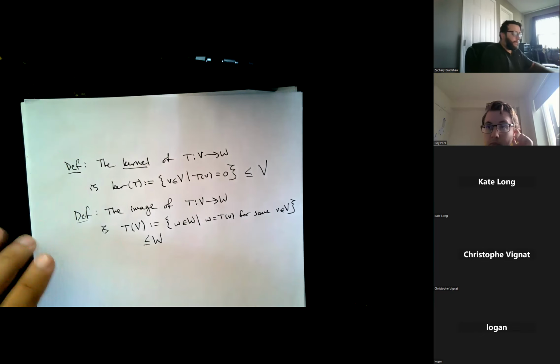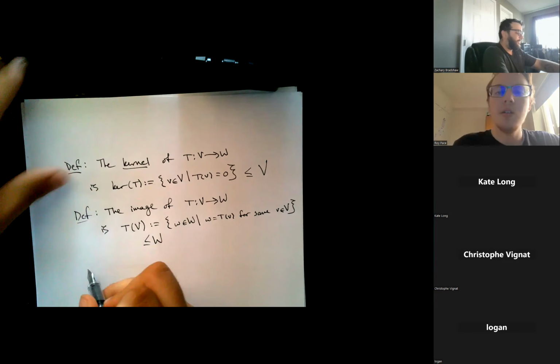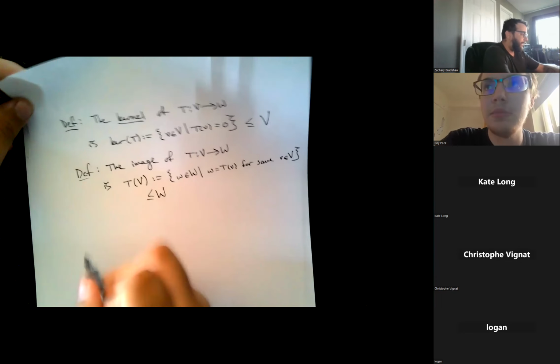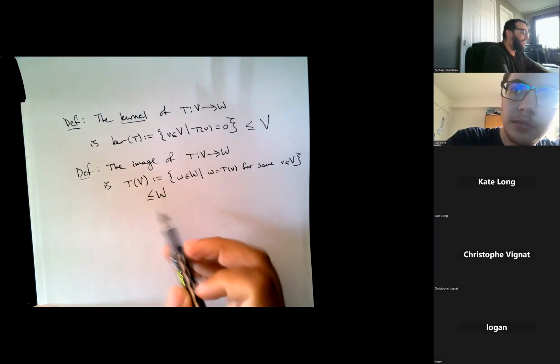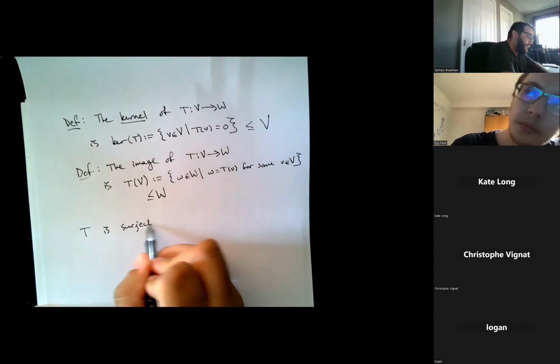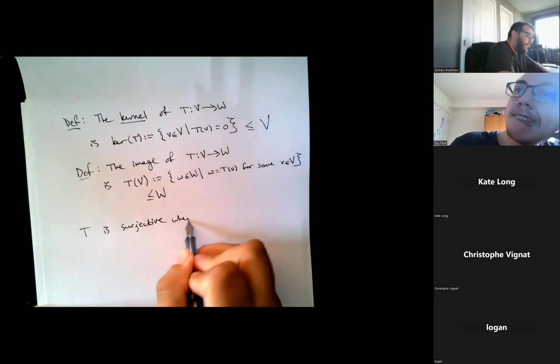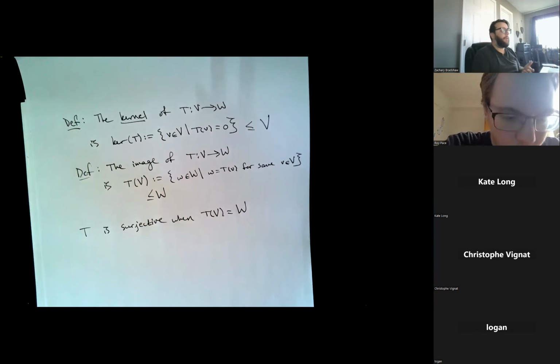Okay, so a nice property, well, there are two nice properties. One of them is obvious. It's clear that T is surjective when T of V is equal to the entirety of W, right?